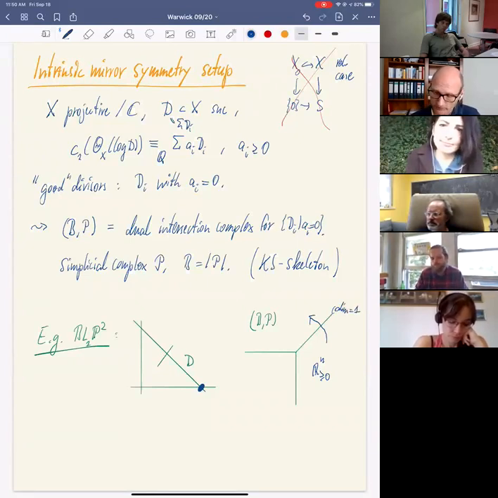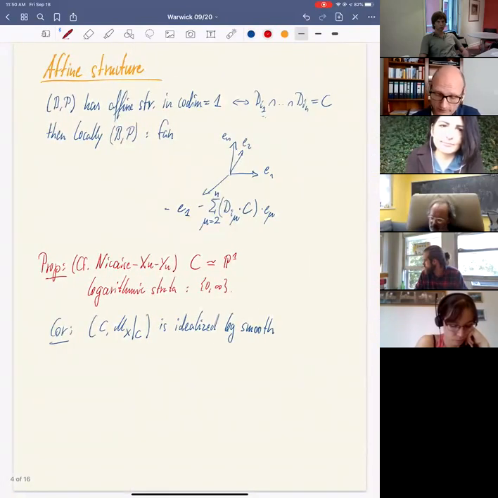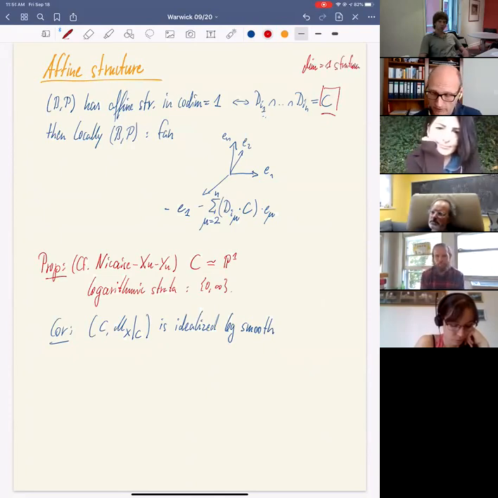So the codimension 1 strata on B, or in P, correspond to the curves in D, the dimension 1 strata in D. So if you have a dimension 1 stratum, you can write it as the intersection of n divisors.